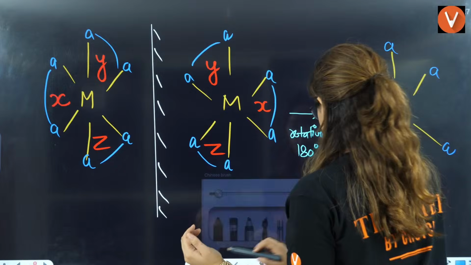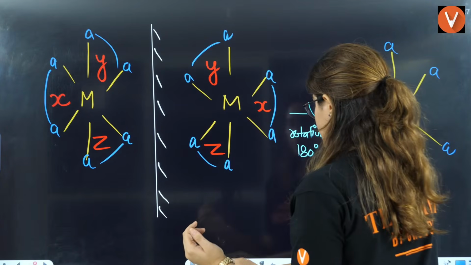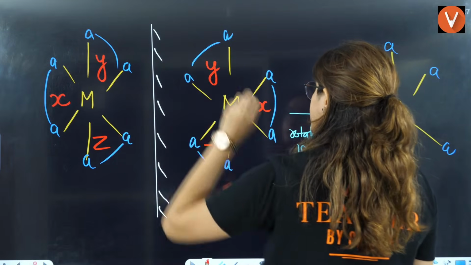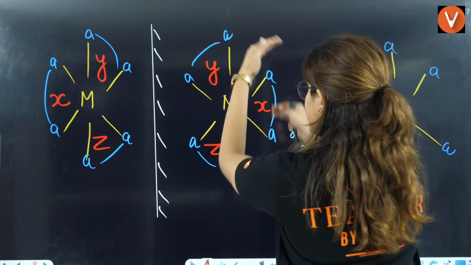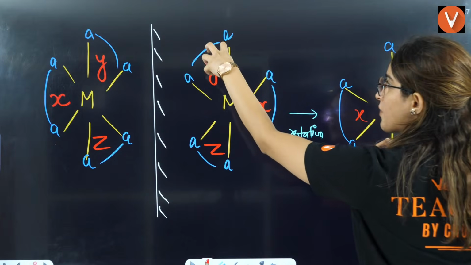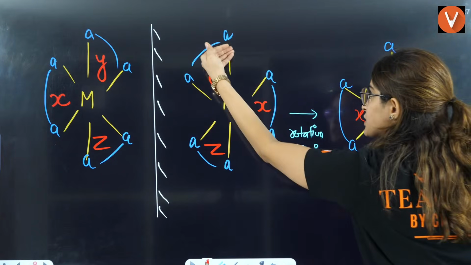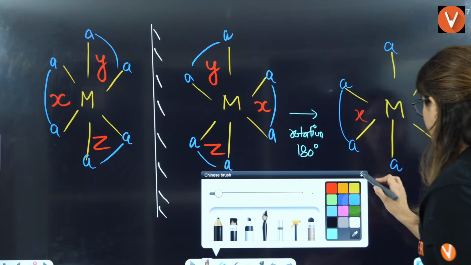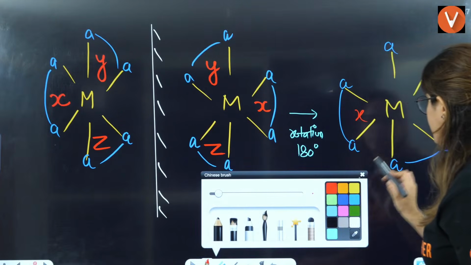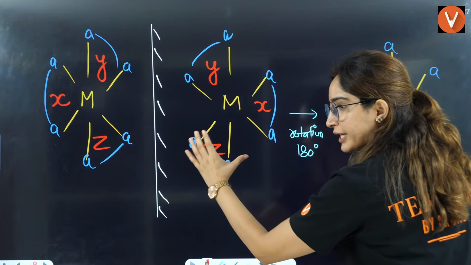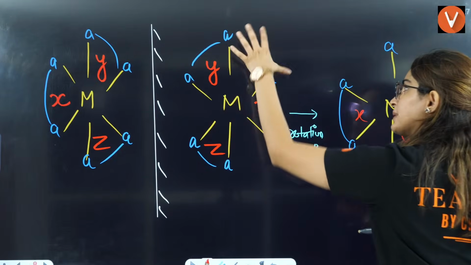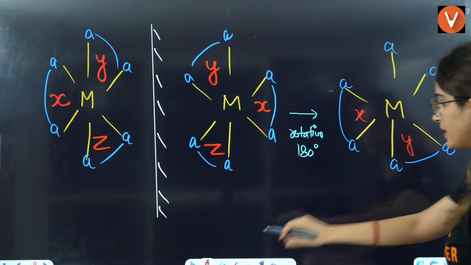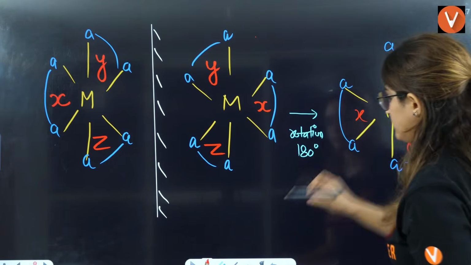If I rotate this, then this will become y. If I rotate this by 180, this will become opposite, that means this will come to this side, so this particular thing will become your y. A 180 degree rotation means opposite. So this will become z.